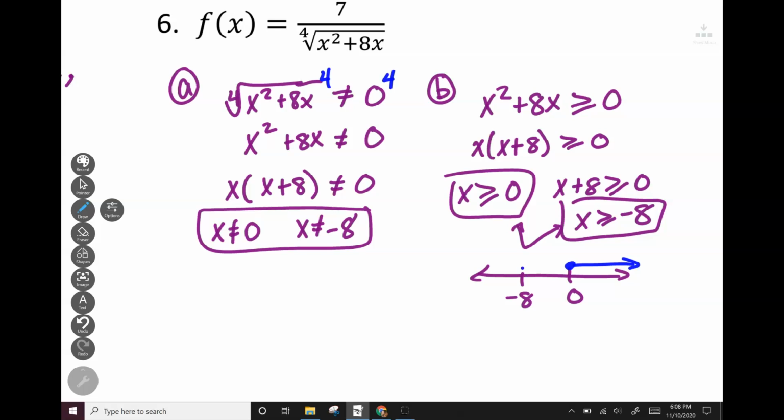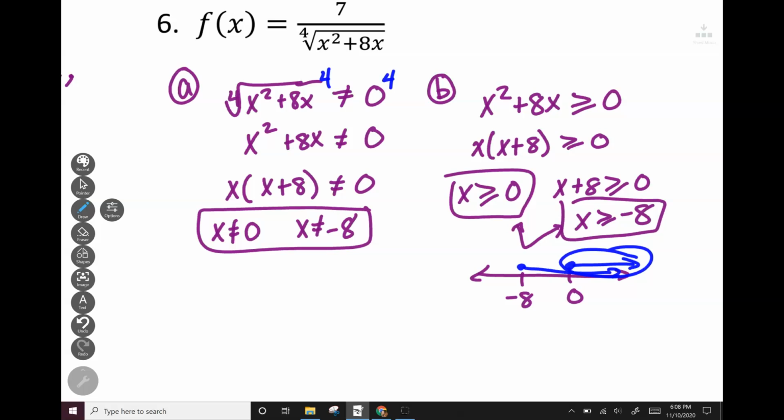Greater than or equal to negative 8, right here. Well, it has to be both, right? Anything less than either of those would cause me to have an imaginary y value. So we need to take this one.